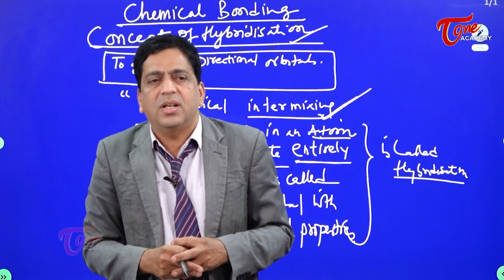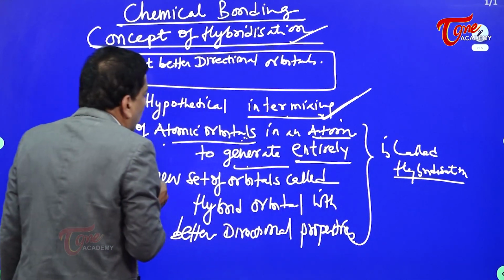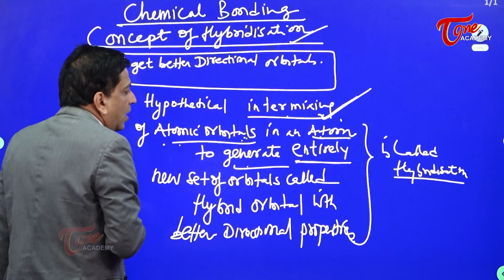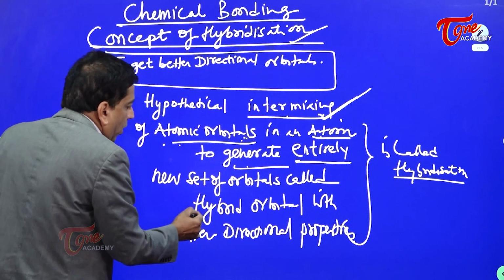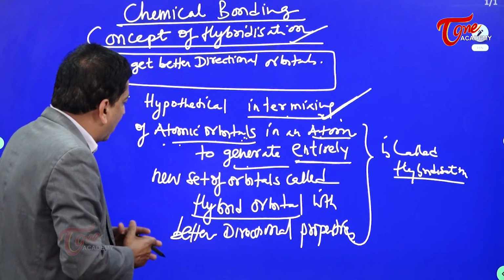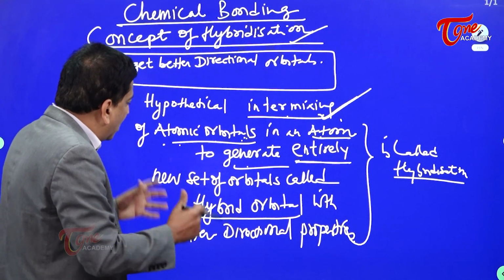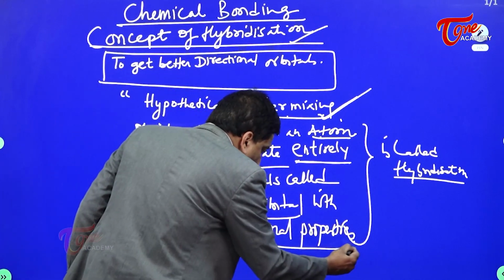Remember that hybridization occurs before bonding. And what is happening before bonding? It's hypothetical intermixing of atomic orbitals in an atom to generate entirely a new set of orbitals called hybrid orbitals. And the biggest feature of this hybrid orbital is that it has better directional properties.